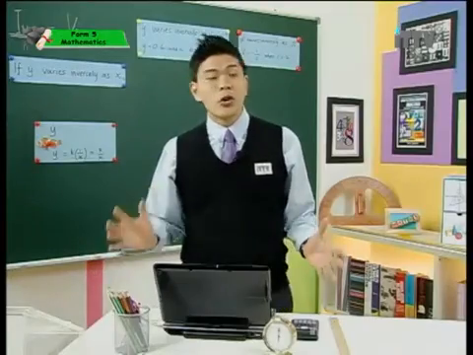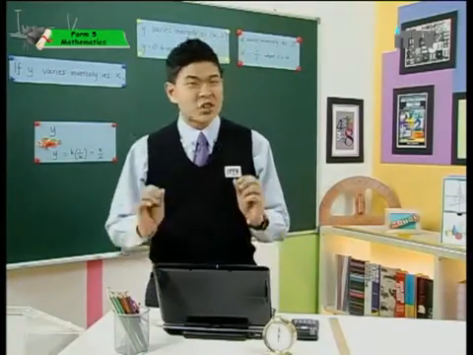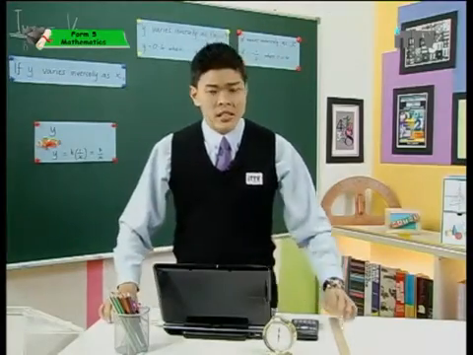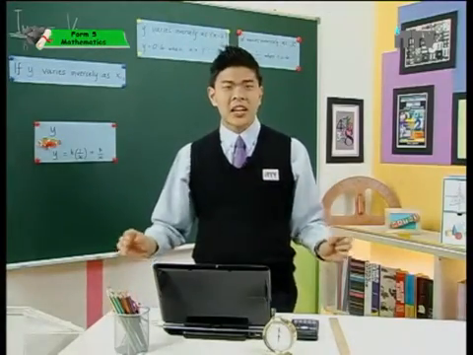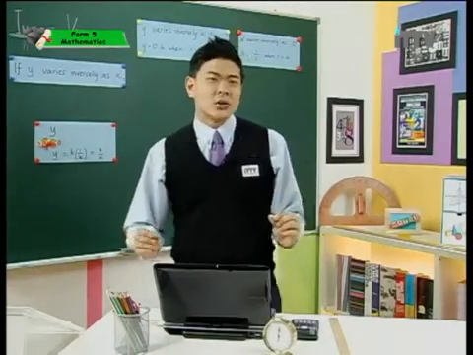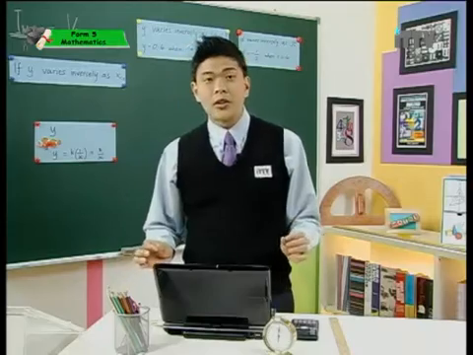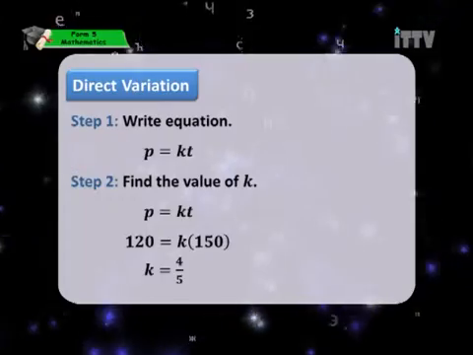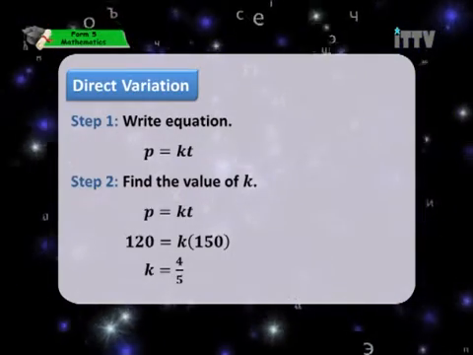So guys, remember when you see a question, try to understand, alright? It's direct variation. What are the 2 quantities involved here? First of all, you have pressure, right? So denote it with P. And next, temperature. If the symbol is not given, you represent it yourself, alright? T for temperature. So now, let us answer this question.